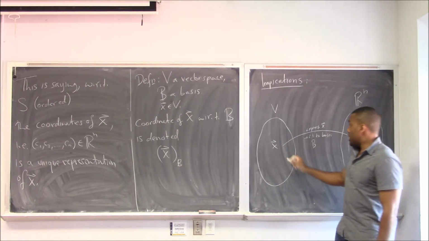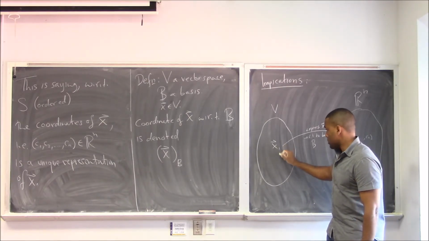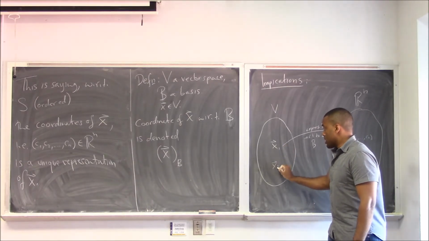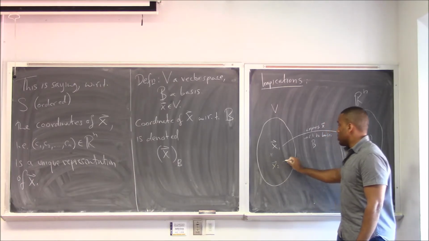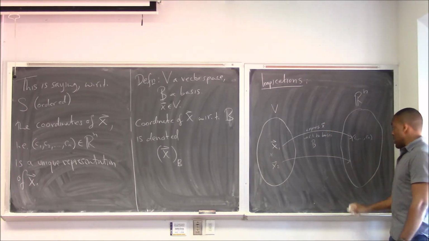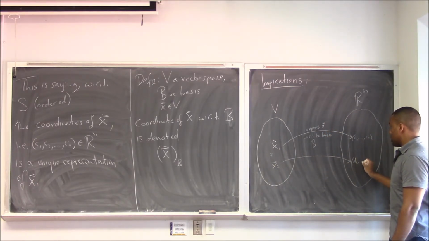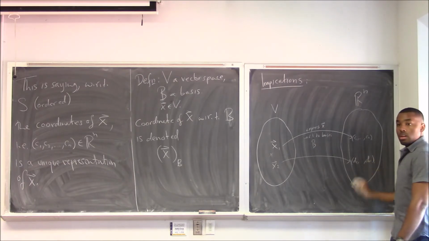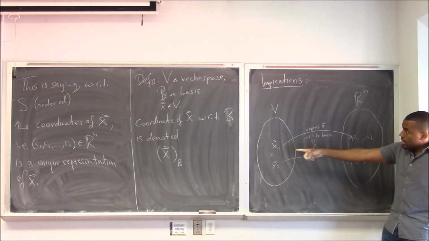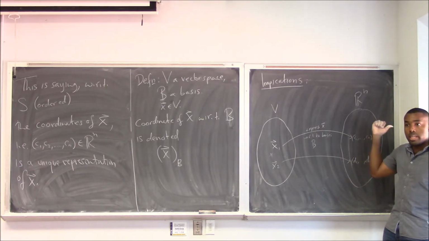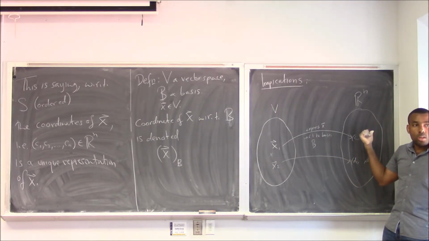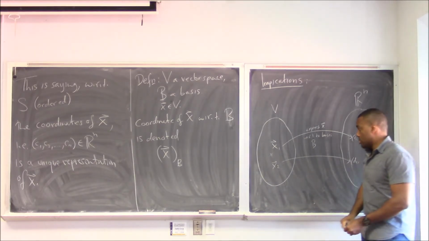Which means if I take some other vector that's not equal to that, it will be mapped by that same basis to some other coordinate, say d1 through dn. Each x in my vector space will be linked to exactly one vector in Rn.